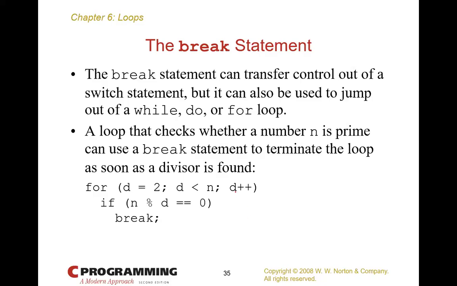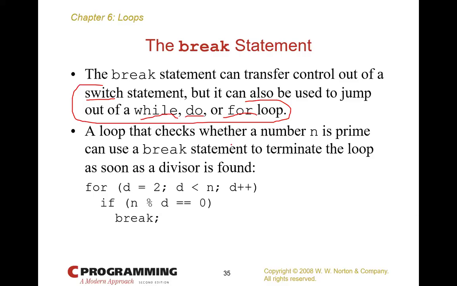So the break statement can transfer control out of a switch. It can transfer control out of a while. It can transfer control out of a do while. It can transfer control out of a for loop. So it can transfer control out of all of this, the break statement. So here is an example of the usage.